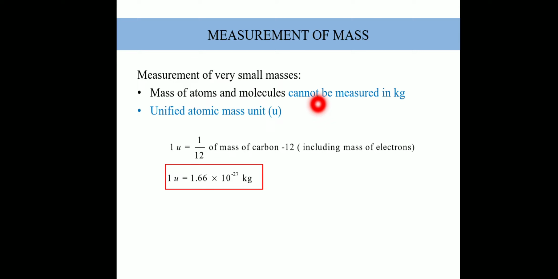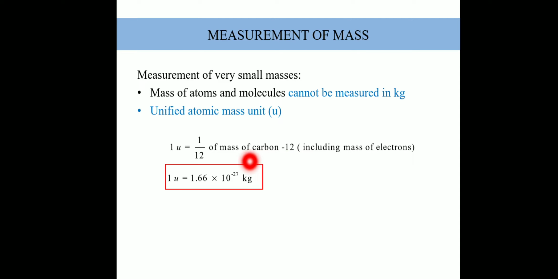So we cannot measure the mass of atoms in kg. Instead, we use a different unit, known as unified atomic mass, denoted by u. We use this unit to measure the mass of an atom. One unified atomic mass unit is equal to 1/12 times the mass of a carbon-12 isotope.